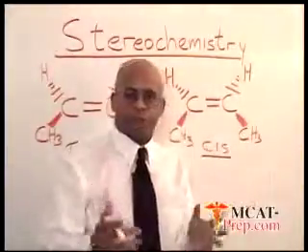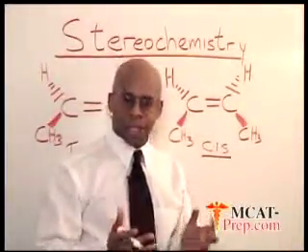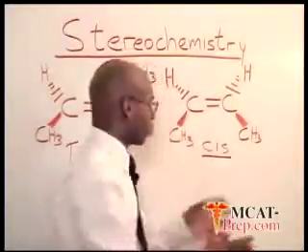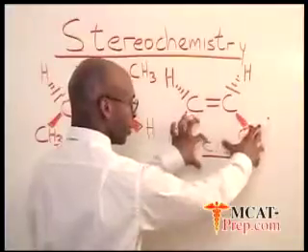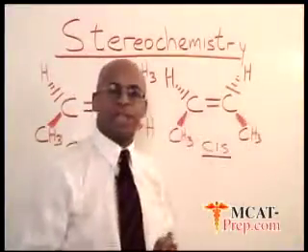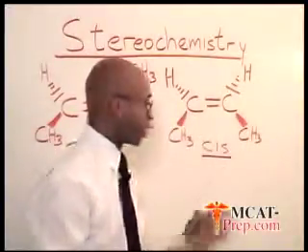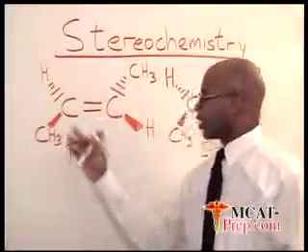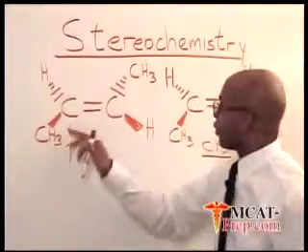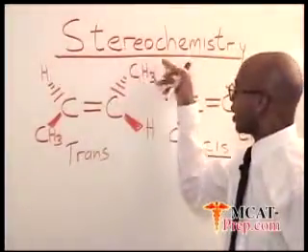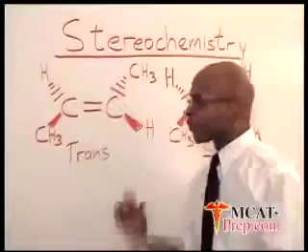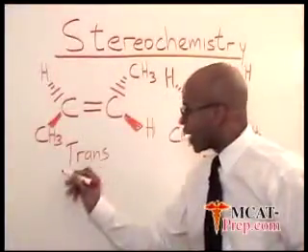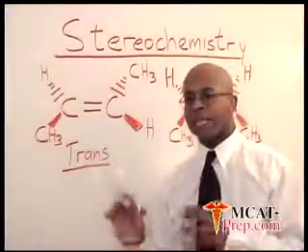And on the outer surface of these groups are electrons. And therefore, these electrons want to be as far apart as possible. So if you have 2 large groups here, obviously there's going to be some electron shell repulsion in the cis configuration. Then when we look at the trans configuration, where we have a large group here, the other large group is way on the other side of the molecule. And so they're maximally apart. Therefore, the trans configuration is more stable.